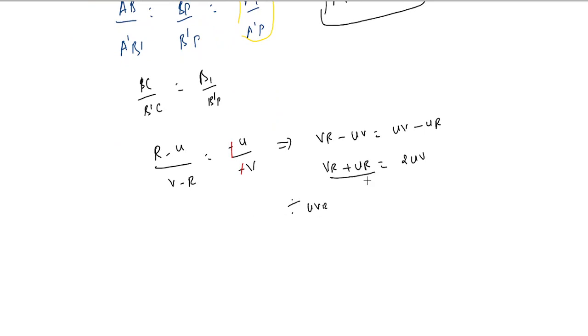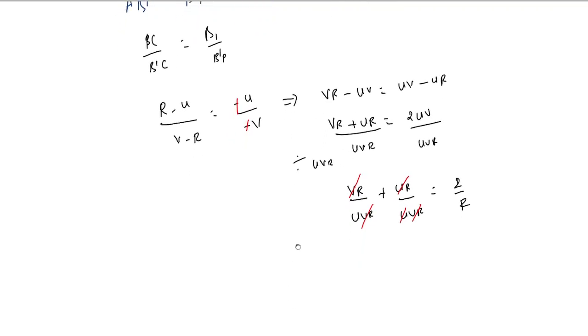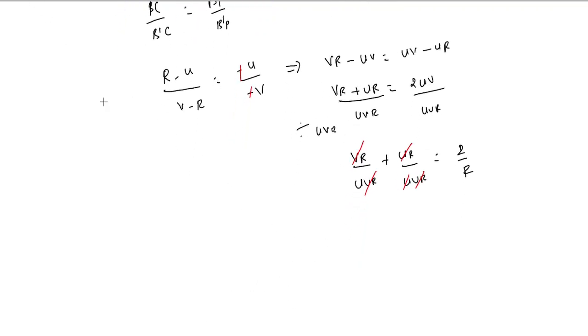So what you get would be VR by UVR plus UR by UVR is equal to 2 by R. Again from here, VR gets cancelled, UR gets cancelled. So finally what remains would be 1 by U plus 1 by V is 2 by R.